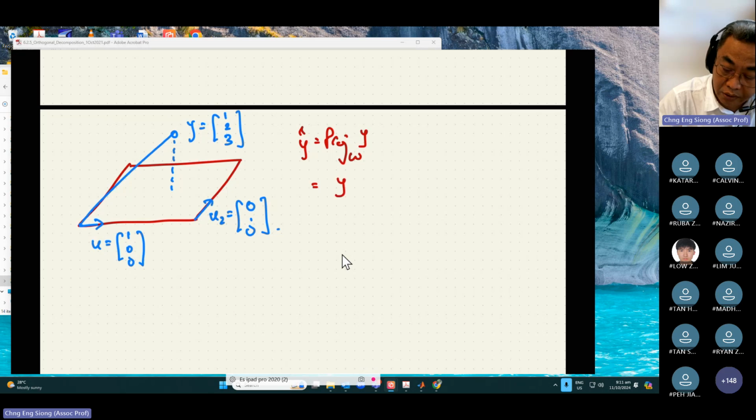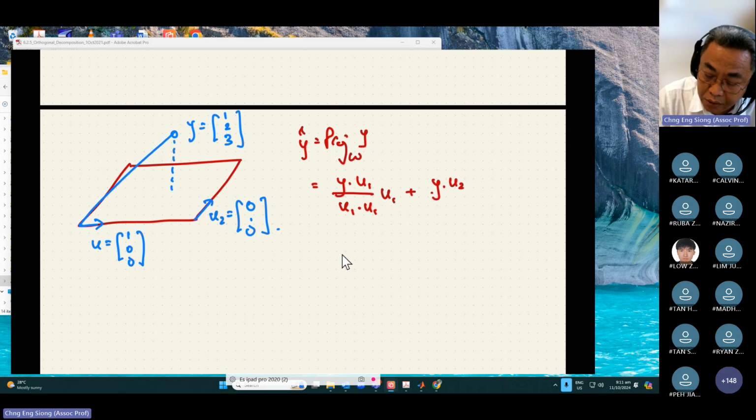Remember what we say, we want to get y dot u1 dot u1 plus y dot u2 dot u2. Now this is for an orthogonal basis.